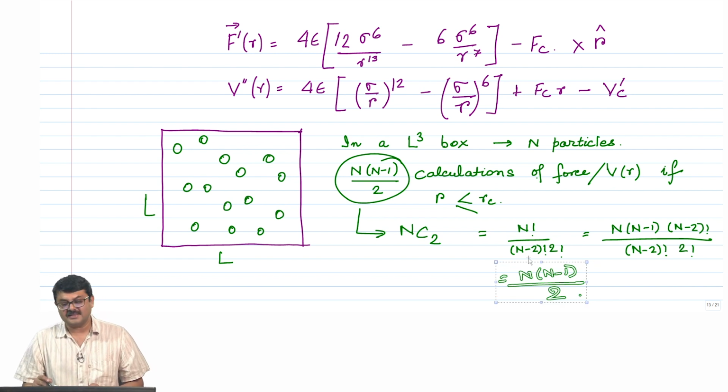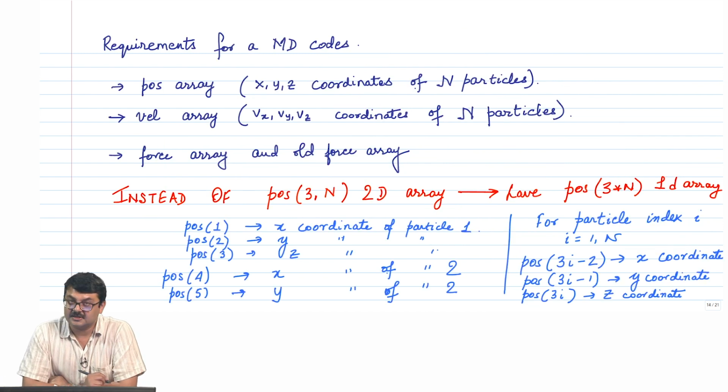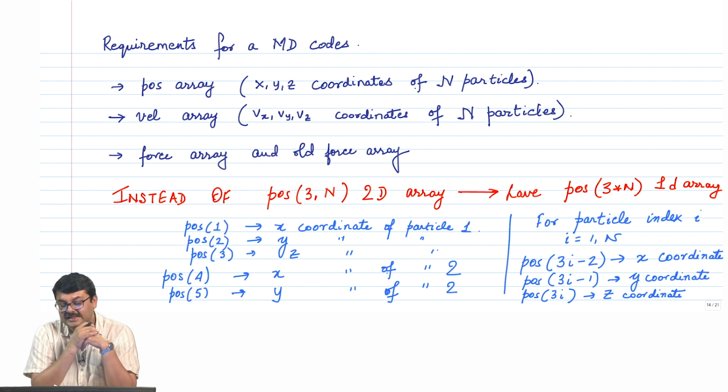Right. So, when n is large, you could say that this is an n square process, but at least in some cases, because you have a cutoff, you do not need to calculate the expression for the force and the potential. So, this is the broad picture of what is needed in molecular dynamics or MD simulations.